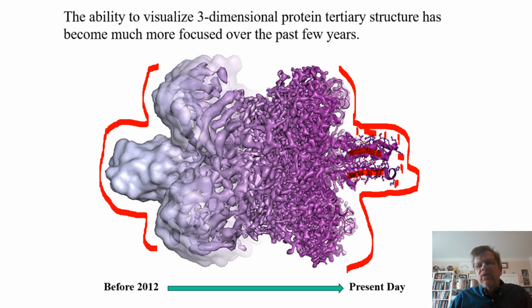A lot of the structures you see today that depict tertiary structure are really pre-2012, but a real jump in technology has allowed us to get a very clear view into the interior and exterior of the three-dimensional structure of proteins.